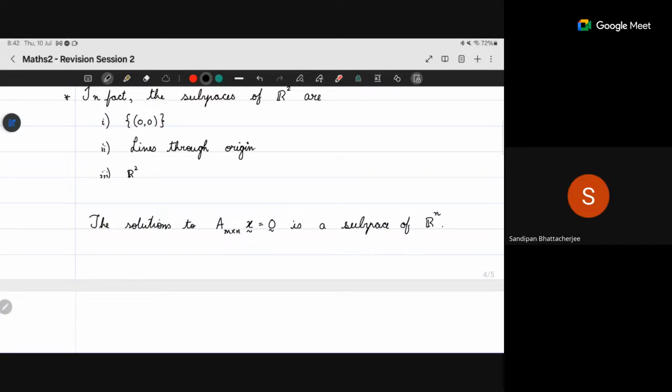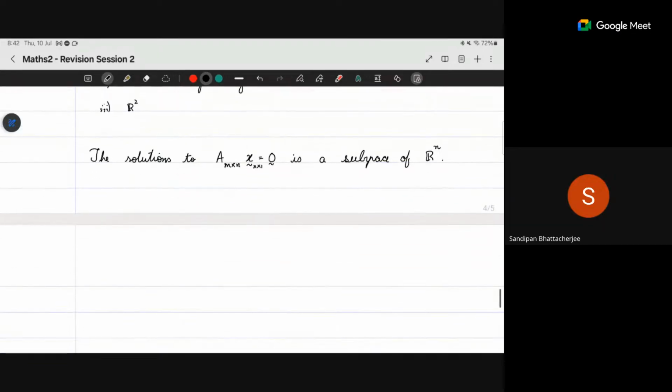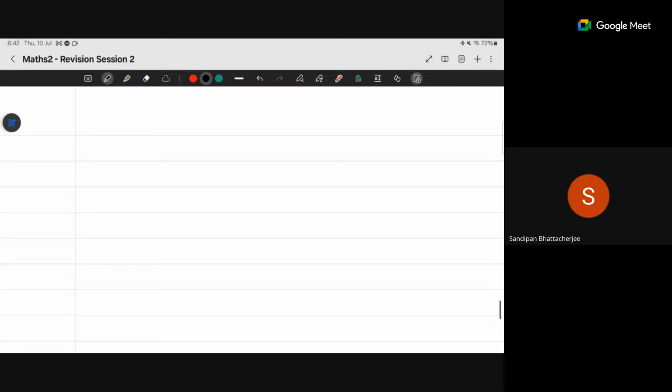X is actually an n cross 1 matrix, or a vector of order n. So the solutions are a subset of Rn and they happen to be a subspace as well. We'll revisit this subspace later on.